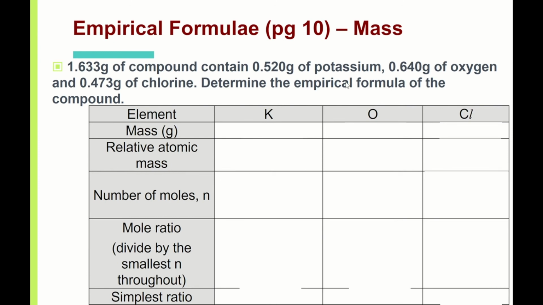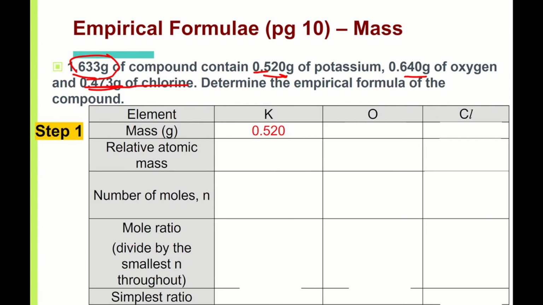If you realize one thing to note, students, this 1.633 is the mass for the whole compound. If you add these 3 numbers up, it should be this number as well, 1.633. So they are given 3 elements. So fill in the blanks.